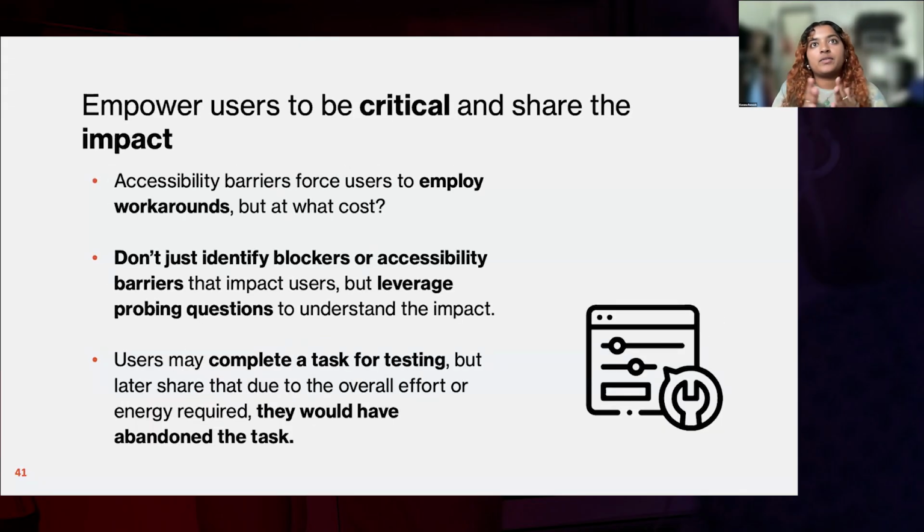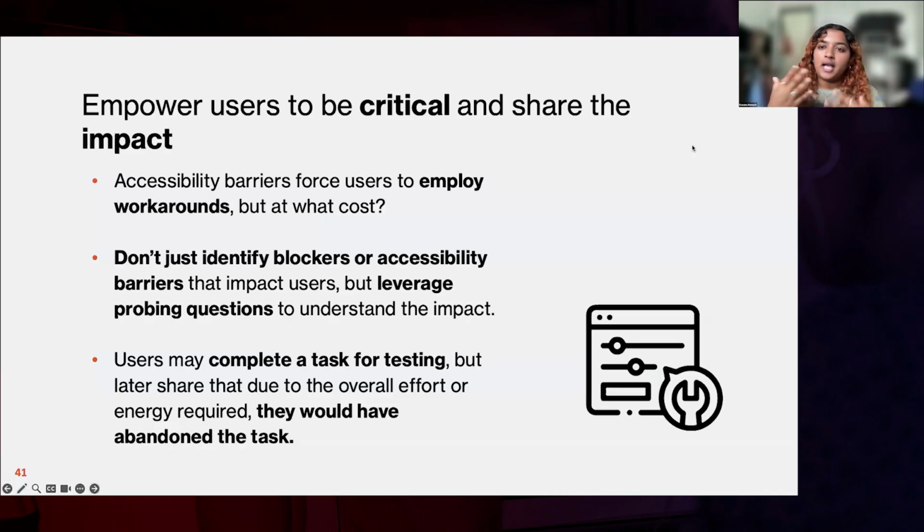Sort of in tandem with that is this aspect of how do we empower users to be critical and actually really show the impact and share it. Sometimes that looks like when someone is navigating through the page and you're watching them come across a stress, a blocker, you might find that they're forced to employ workarounds, and they manage to maybe succeed at the task, but at what cost?